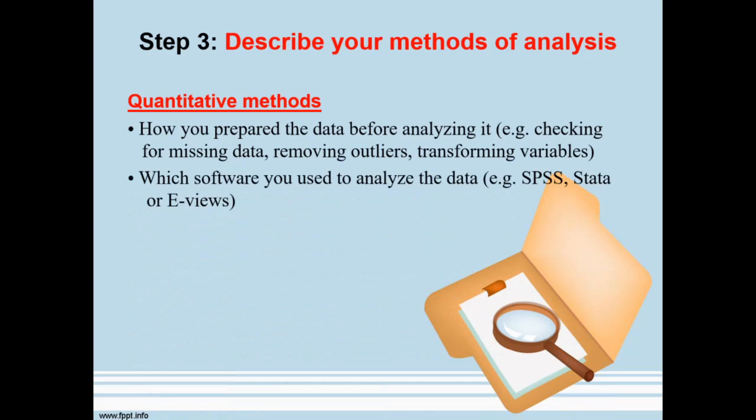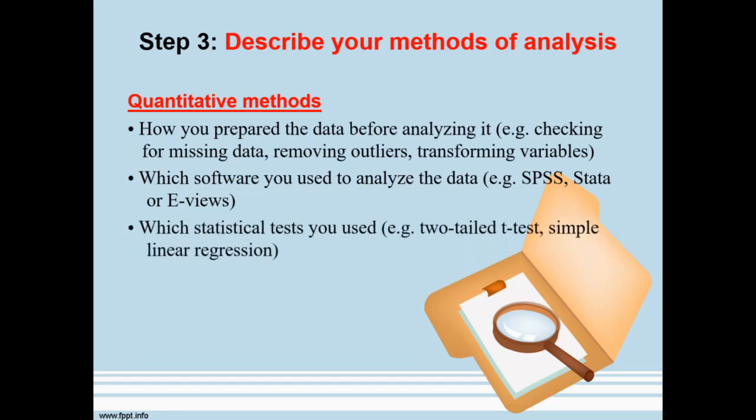For example, did you use SPSS, Stata, or specifically EViews? The next one is, which statistical test did you use? Example, was it a two-tailed t-test, simple linear regression, and the like. Now let me show you a vivid example of how a quantitative method of data analysis looks like.